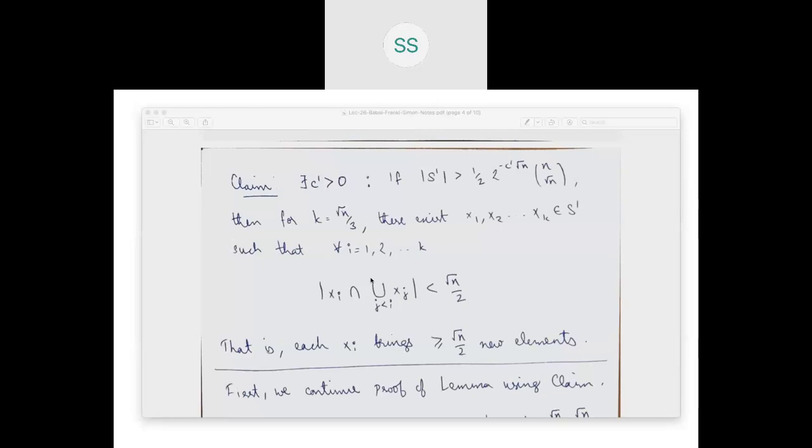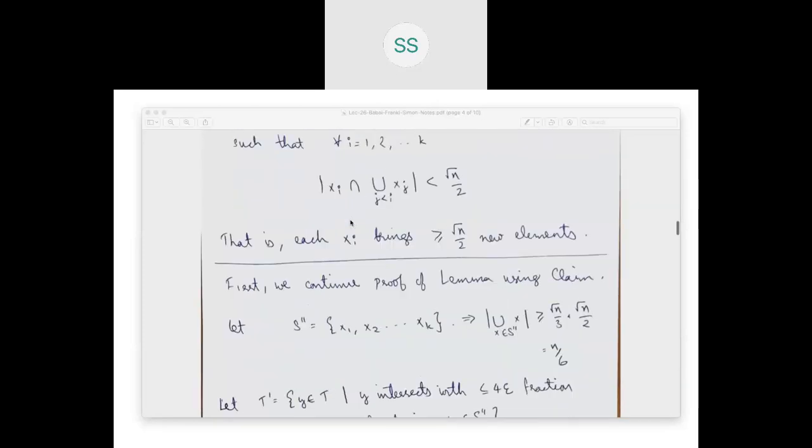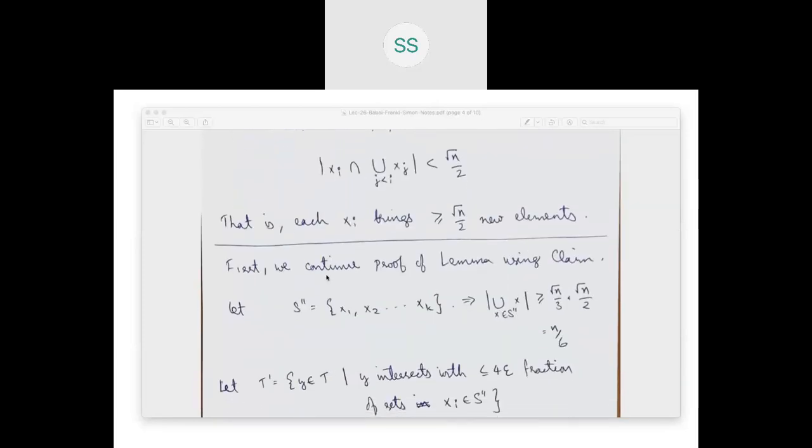So every row brings in at least square root n by 2 new entries, and there are at least square root n by 3 such rows. Which means that the union of the elements in S double prime together forms at least n by 6 entries in the universe.